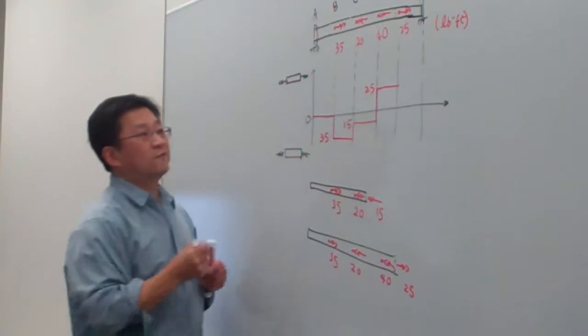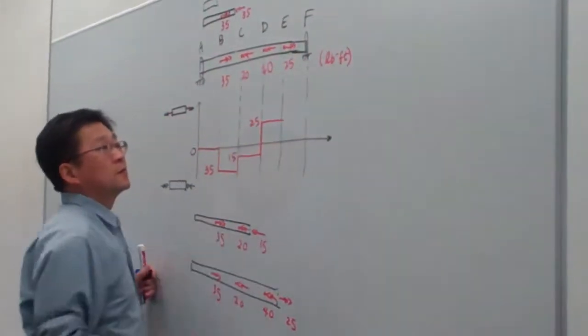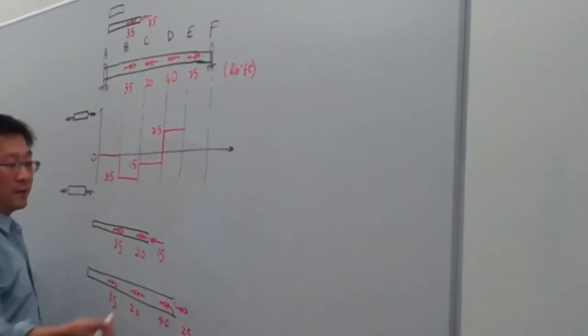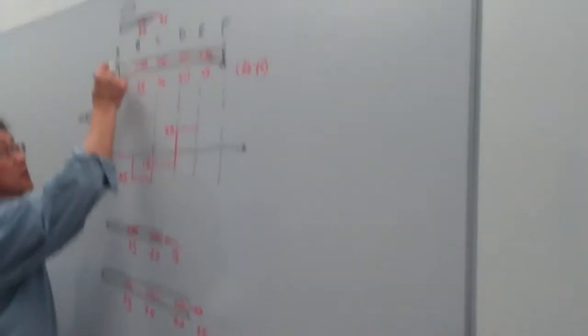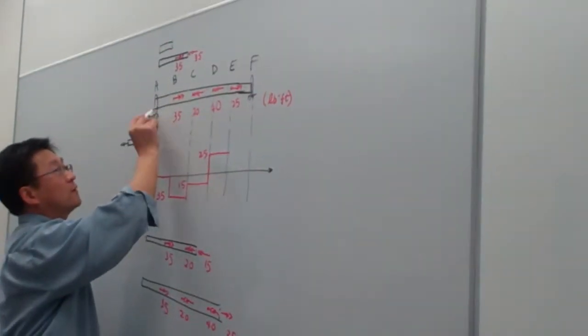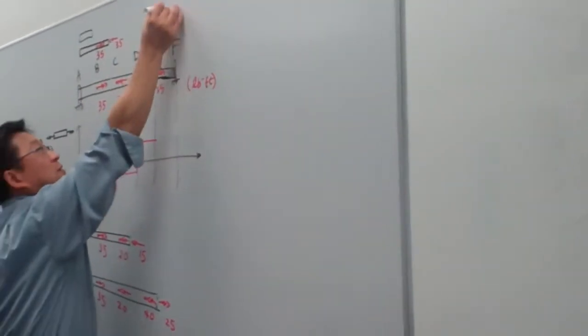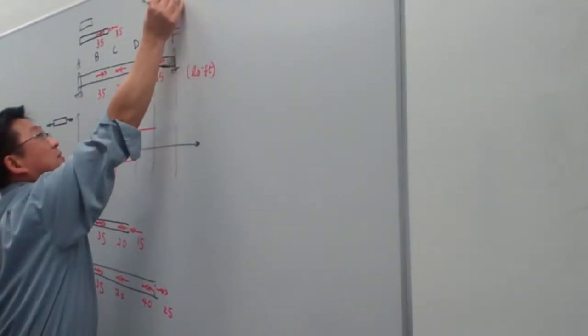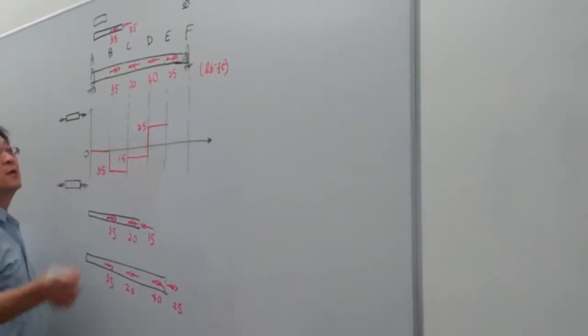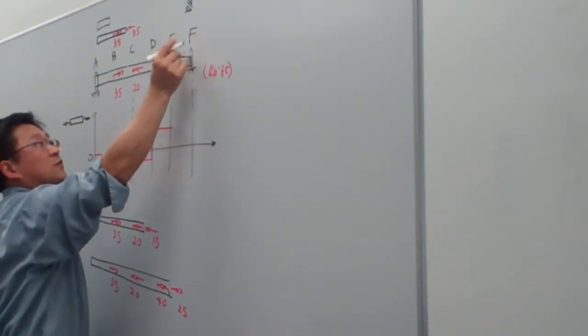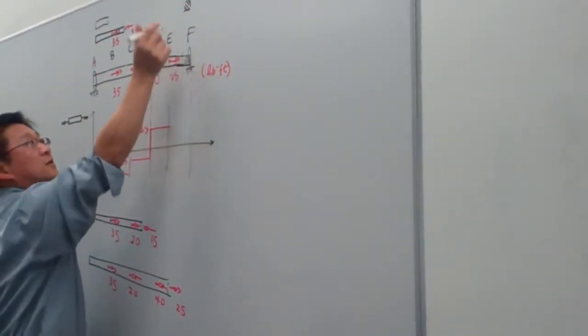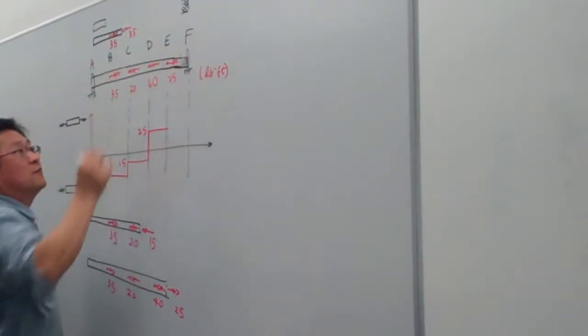And now we move to the final segment here. For the final segment, you can either take the long way from the left to here, or we can pick the right part of the free body diagram. Okay, this portion here. So here, you can see that is 0 everywhere.